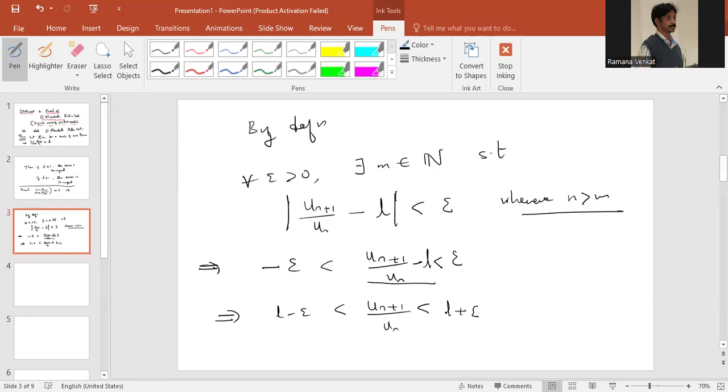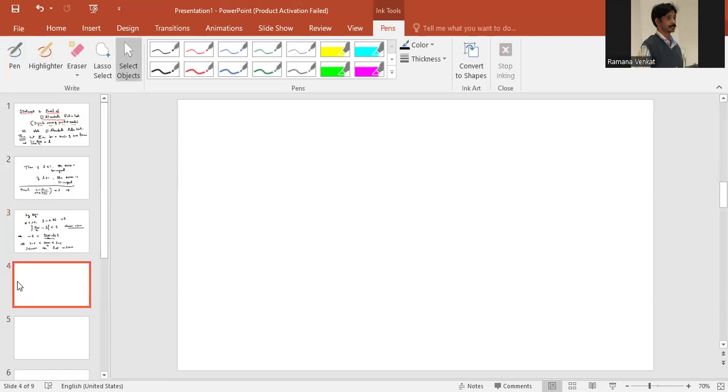So now we reject or ignore the first m terms, so that we are in the case that my n is greater than m. Ignore the first m terms, and then we can say that for all n, this holds.